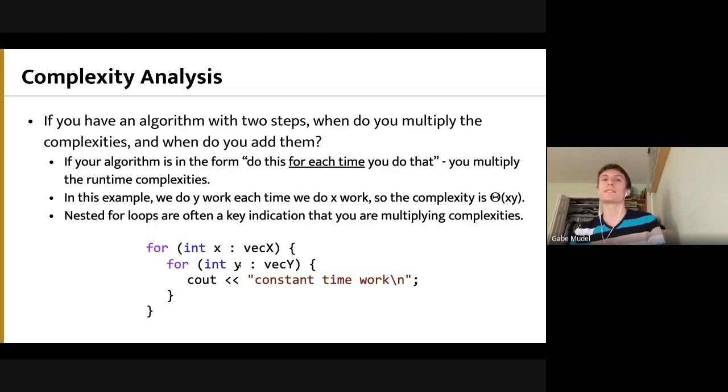We multiply complexities where we do work inside of more work, right? In this case, we have this for loop inside of another for loop. So for every time that this loop runs, we're doing an iteration of this loop. So this is a case where you multiply it. This is a pretty simple example, but it's important to think about when we're analyzing code, because you're definitely going to have to analyze code for its time complexity on the exam.